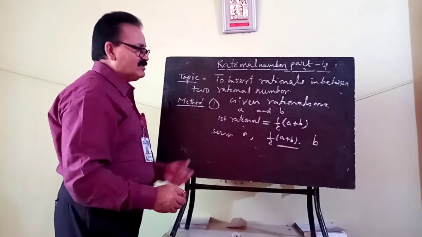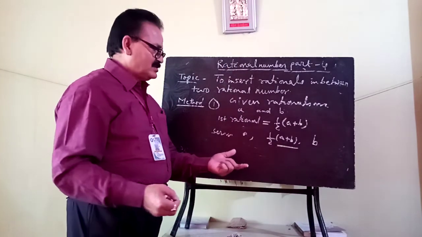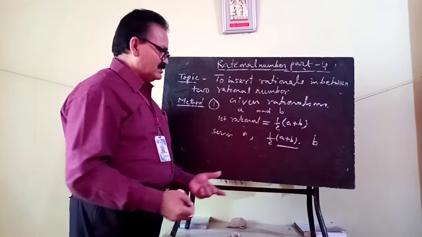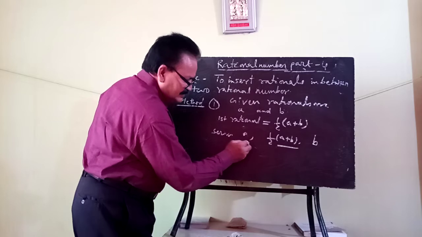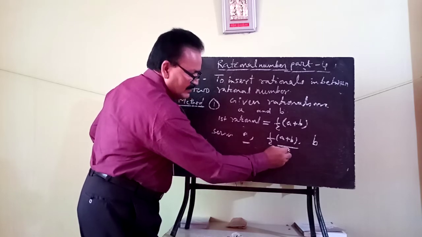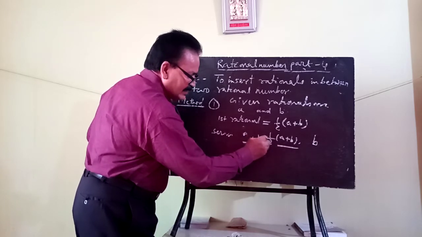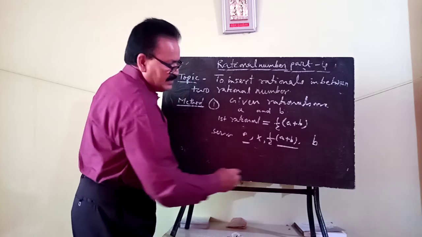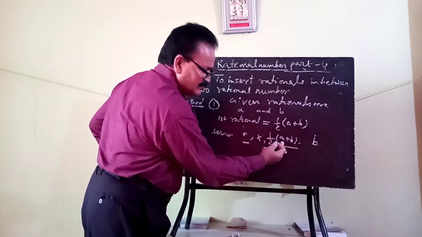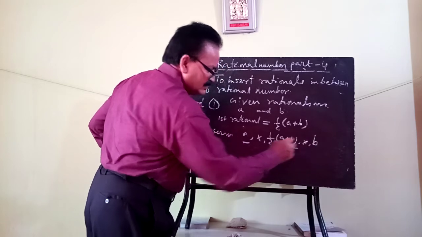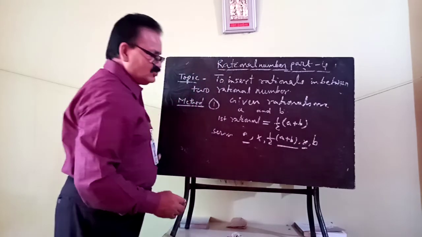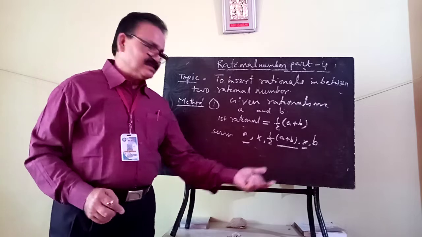Now you want to find out 2 more, that means 3 rationals. So now, in between this first and middle one, you can insert 1. And in between this mid one and the last one, here also you can insert 1. So 2 more rationals can be inserted.